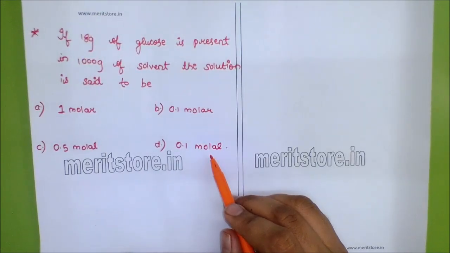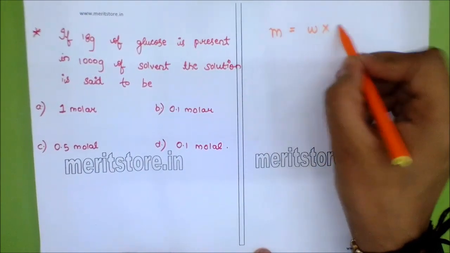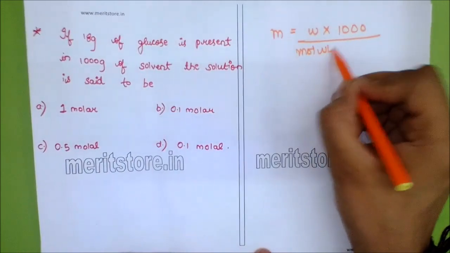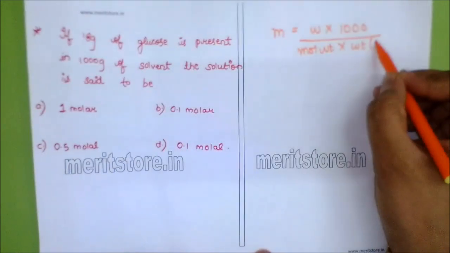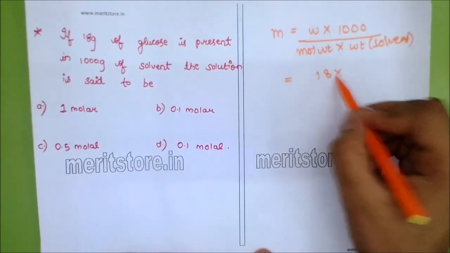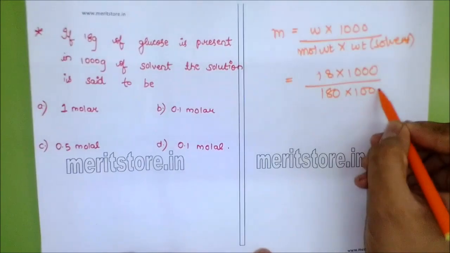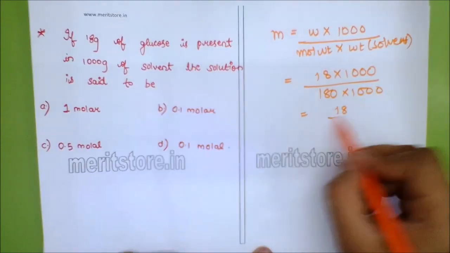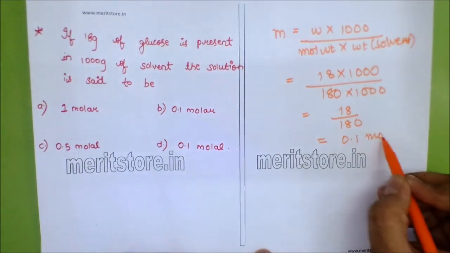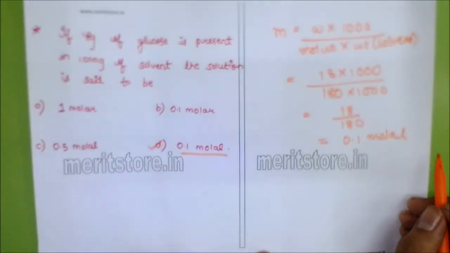Now to solve this question, we know molality is W into 1000 upon molecular weight into weight of solvent, which is equal to 18 into 1000 upon 180 into 1000, which is equal to 18 upon 180, which on solving we get 0.1 molal. So option D, 0.1 molal is the correct answer.